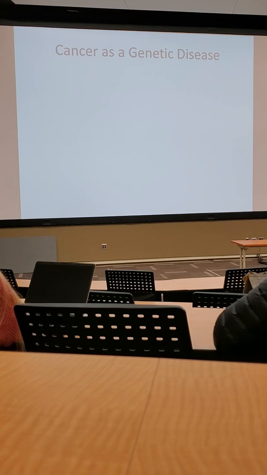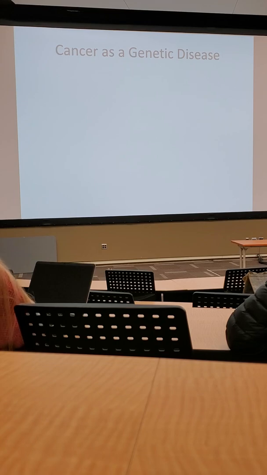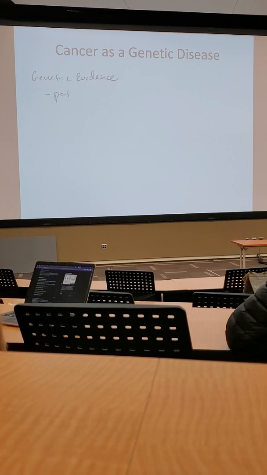So how are we going to start trying to tease apart the genetic aspects of cancer? Well, we can look at the techniques we've already used. We can look at patterns of inheritance, so pedigrees.